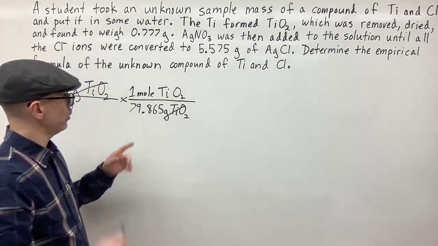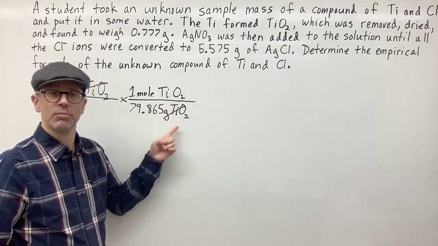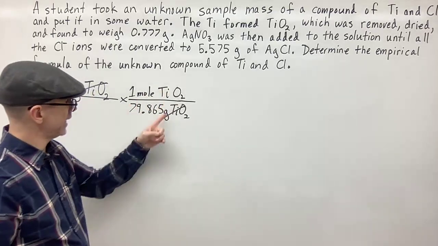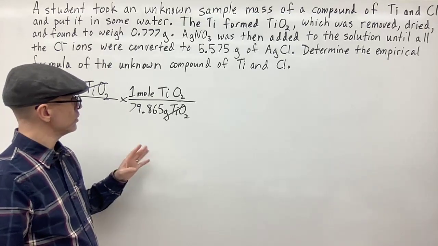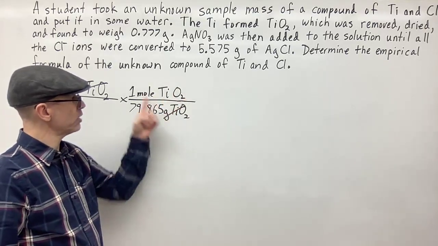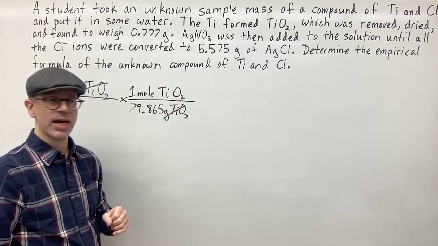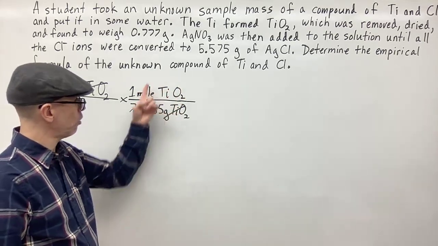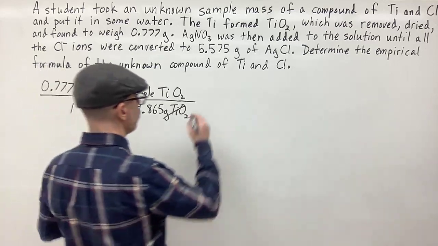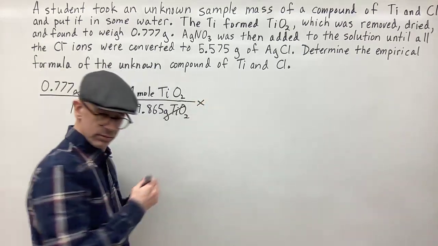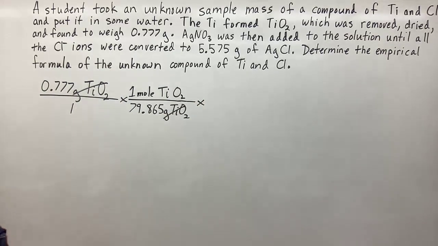Next, we want to find the number of moles of titanium, and here we can use the mole ratio. So we know that for every mole of titanium oxide, it's going to be 1 mole of titanium. So we can do the mole ratio there.